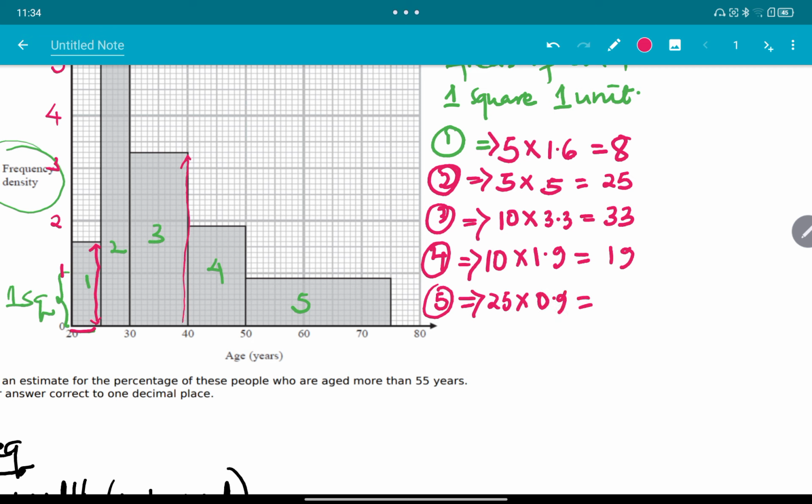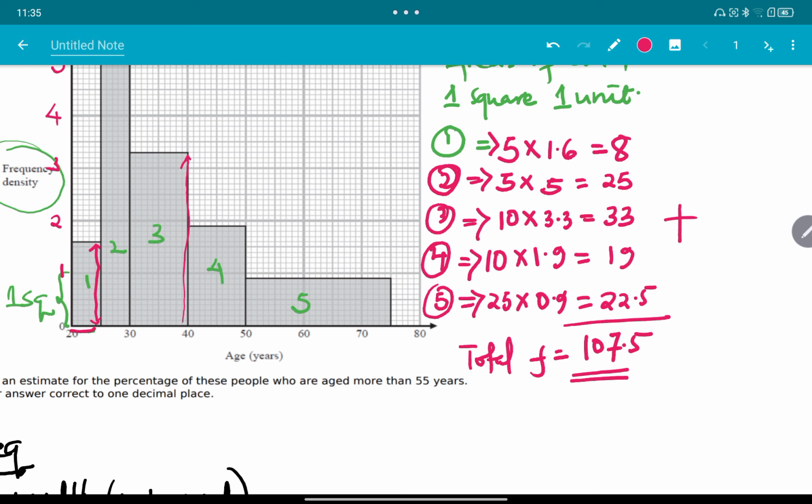So 25 times 0.9, we get 22.5. Then we add the whole of this to give us a total frequency. So that gives us 107.5. That is the total frequency.